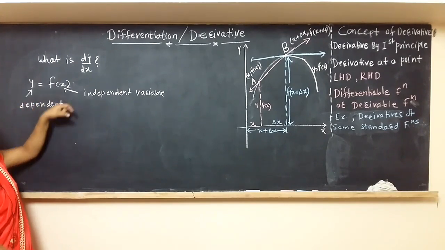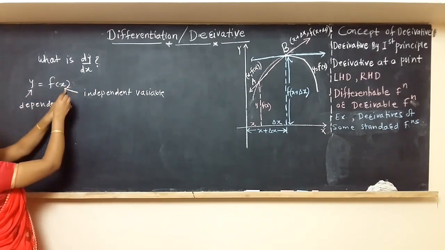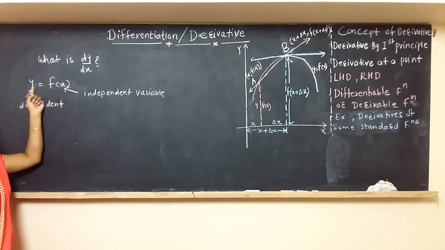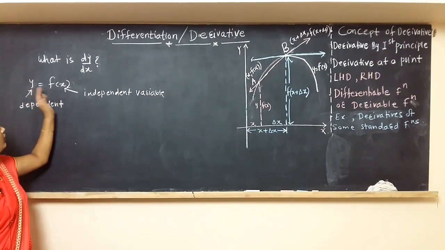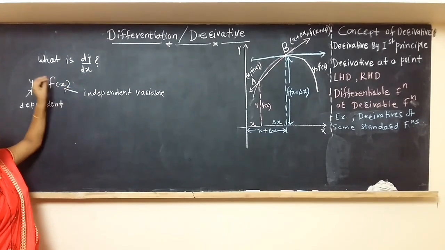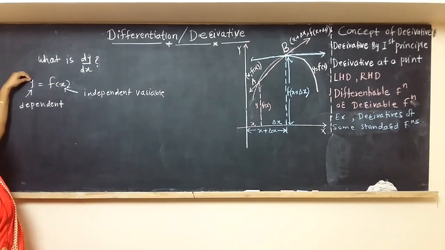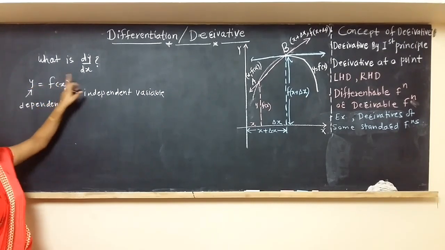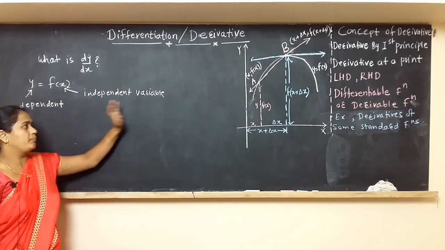Because when we define any function y as a function of x, the values of y depend upon values of x. X can take any value and on that value y depends. Hence y we call a dependent variable and x an independent variable.